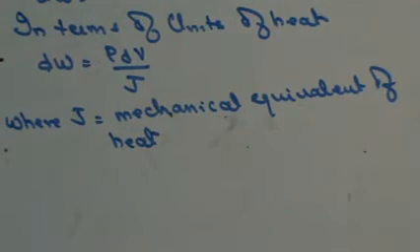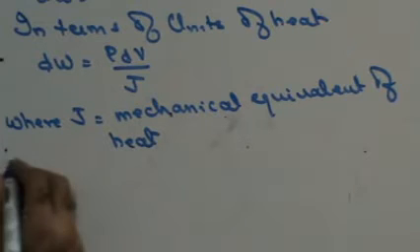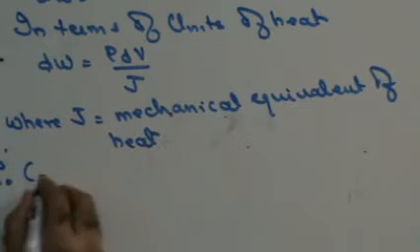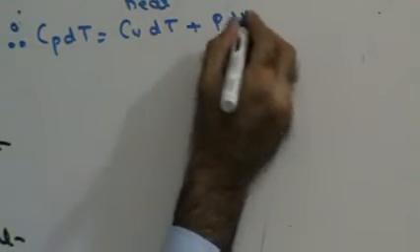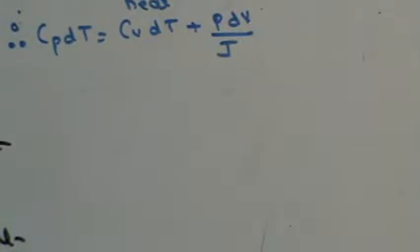Now, if I substitute this in my original equation, I'll get Cp dt is equal to Cv dt plus P dV upon J, right?